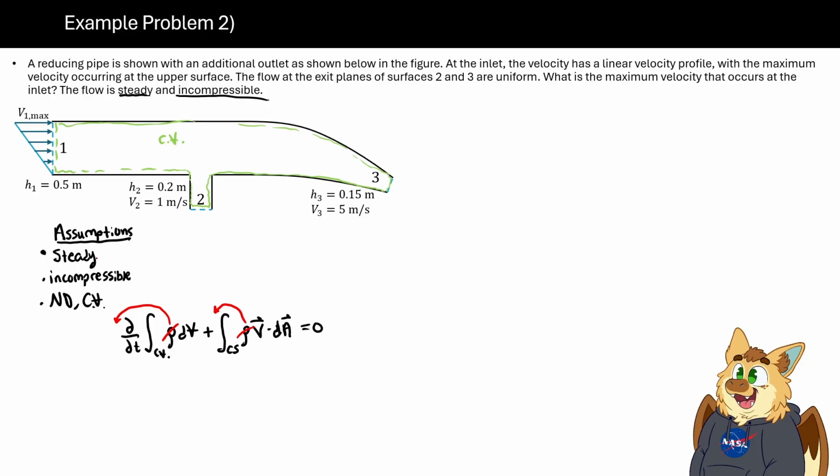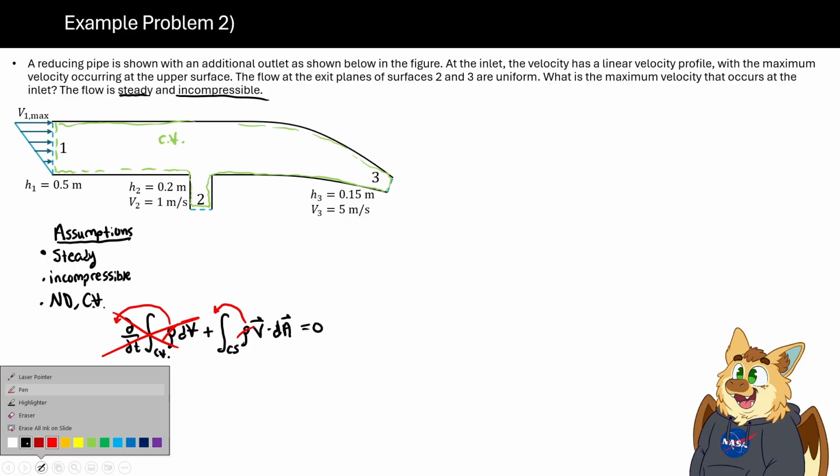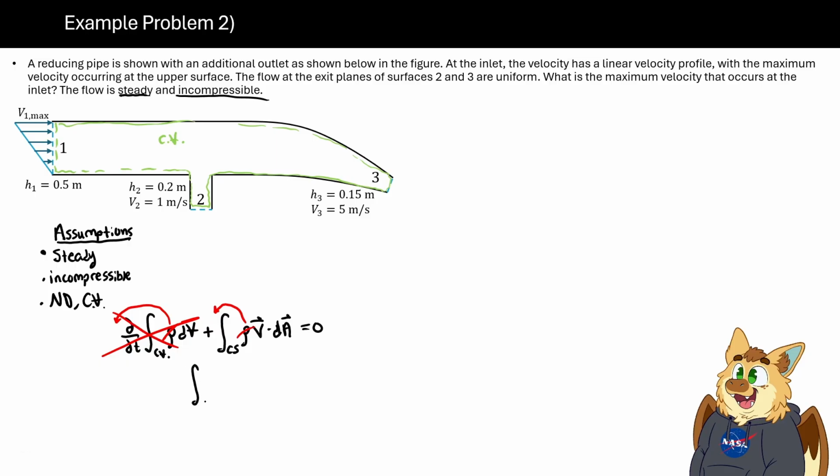For a non-deformable control volume with steady flow, this unsteady term with the del over del t goes to 0. And then we have our final relationship here, which we saw in the previous video: the integral over the control surface of velocity dotted with the area vector equals 0. Basically another way of representing volumetric flow rate.